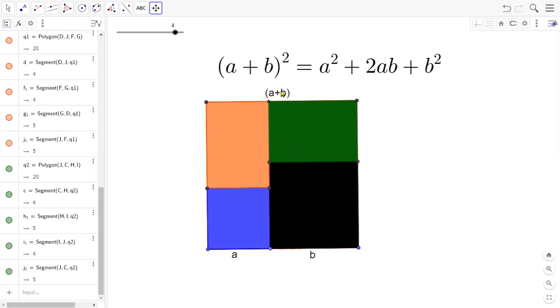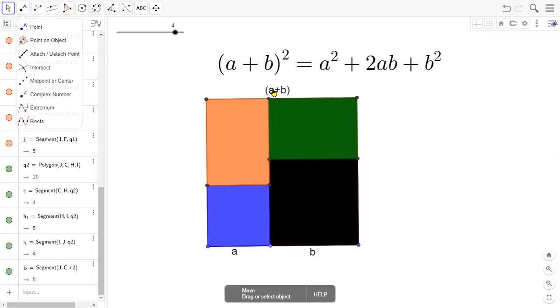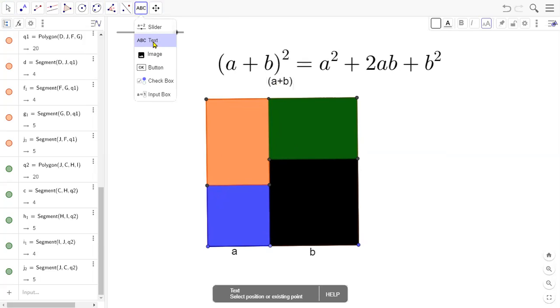Let me find the side lengths of these two rectangles first. We already know the side lengths of the two squares, so let's find the side lengths of the rectangles. Let me type here, this will be exactly a unit.